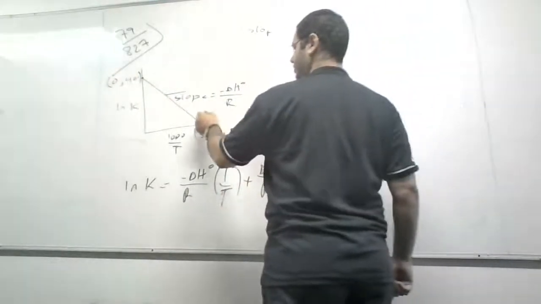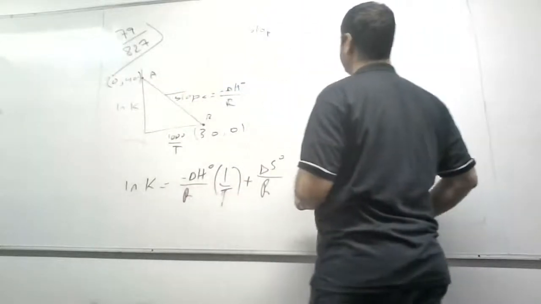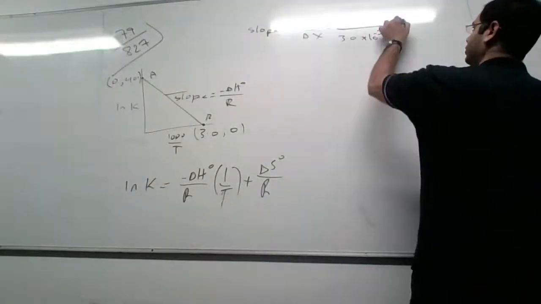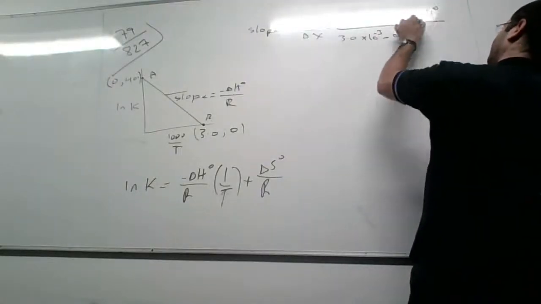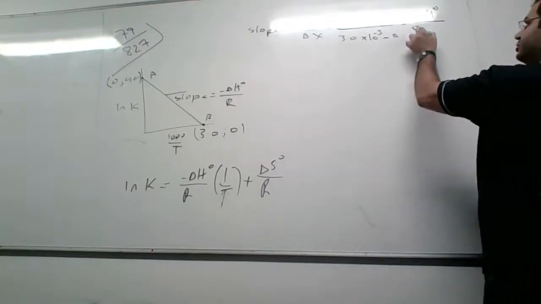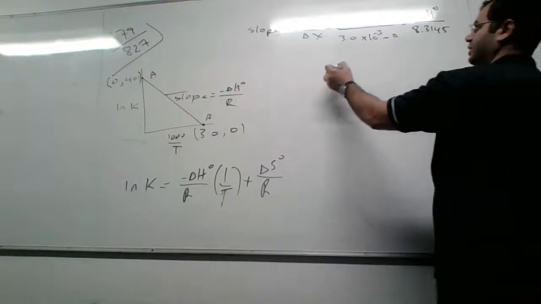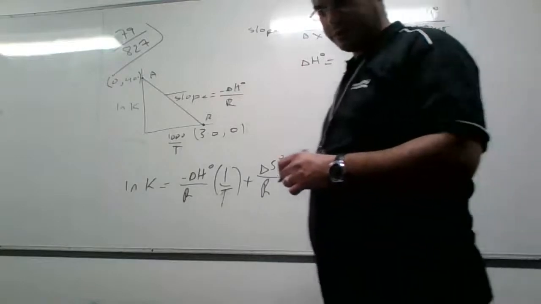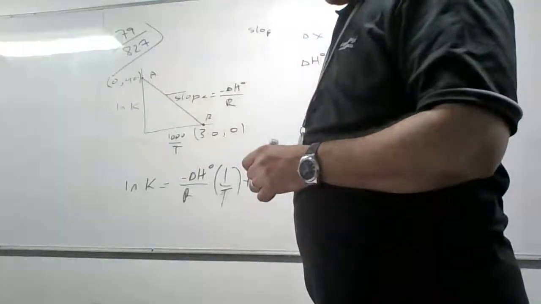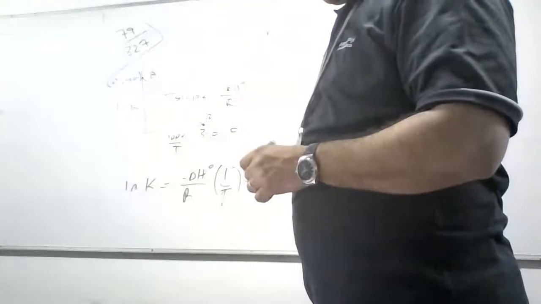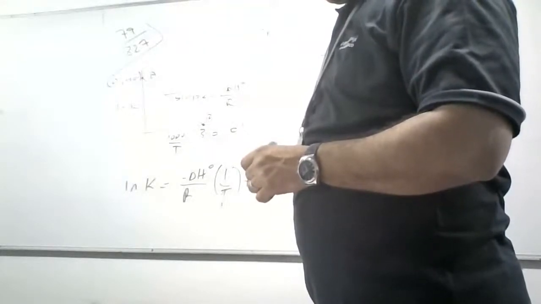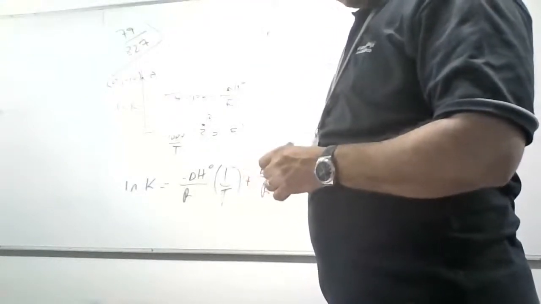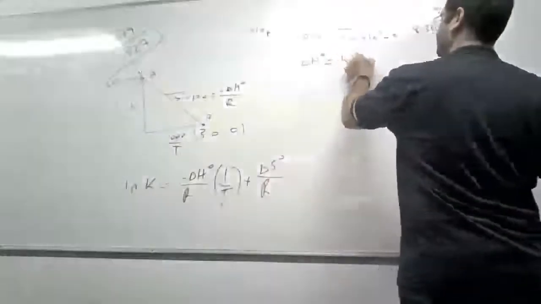Let's call this B, and this A. Then slope is equal to minus delta H naught over R. Here, 0.314. So delta H naught, you will be calculating it, and it will be equal to 1.1 times 10 to the power 4.